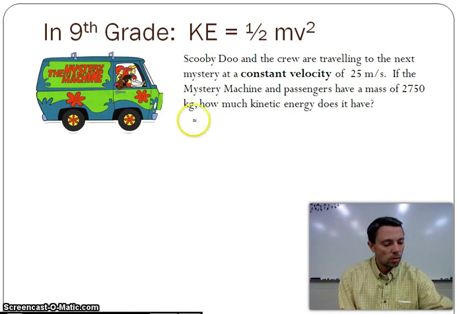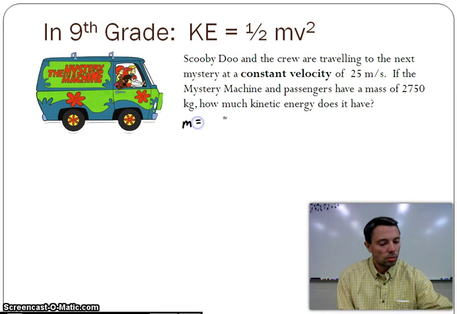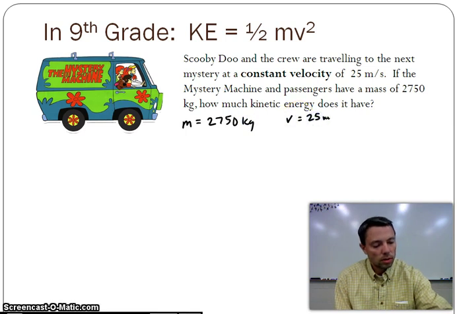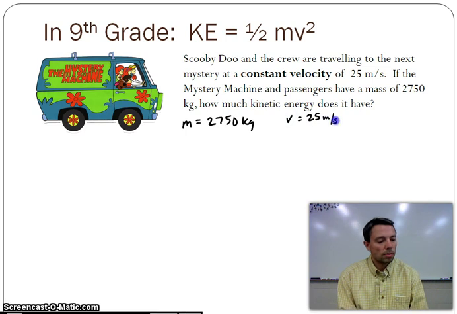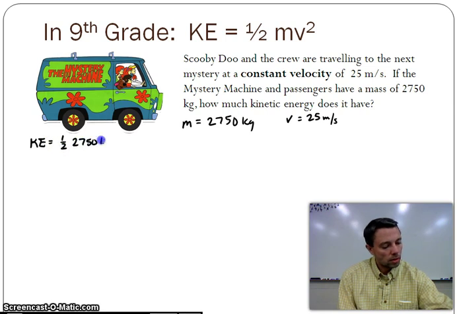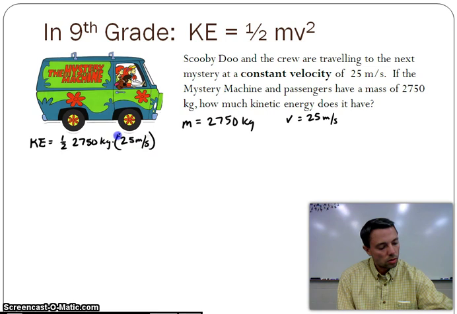The mass was given to me as 2750 kilograms, and the velocity was given to me as 25 meters per second, and I'm just going to set it up to figure out my kinetic energy. So it's 1/2 the mass, 2750 kilograms, times my velocity, 25 meters per second, quantity squared.